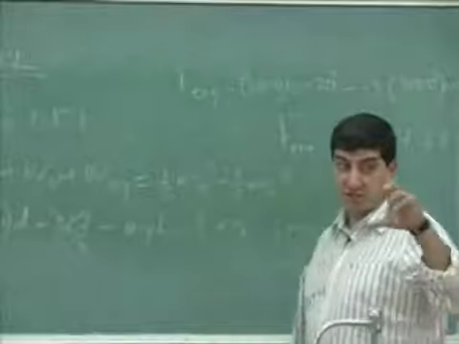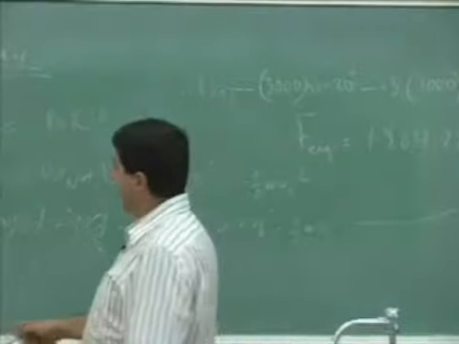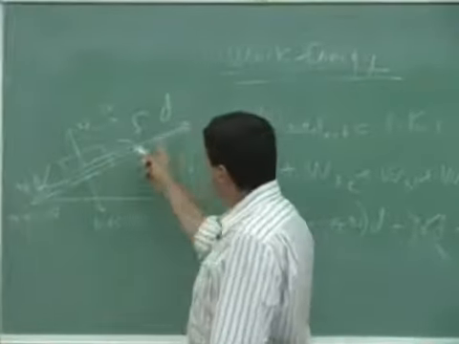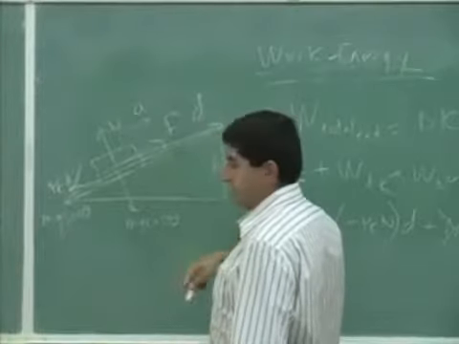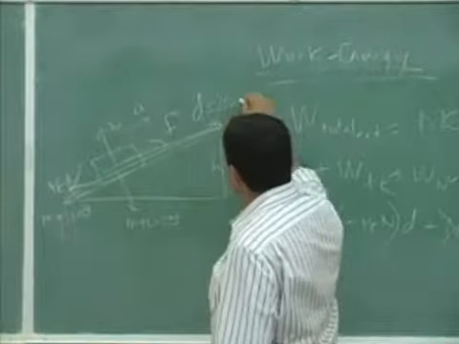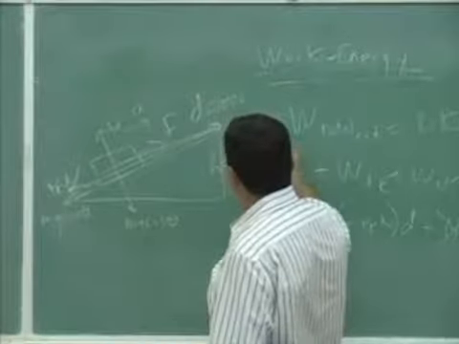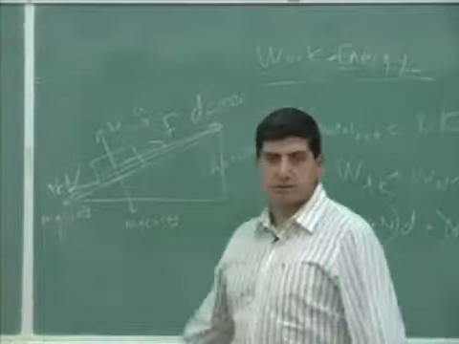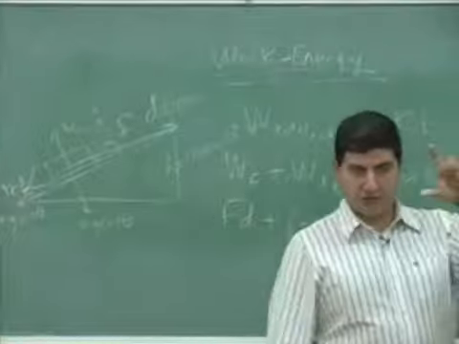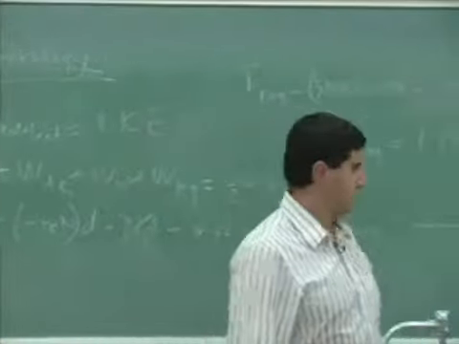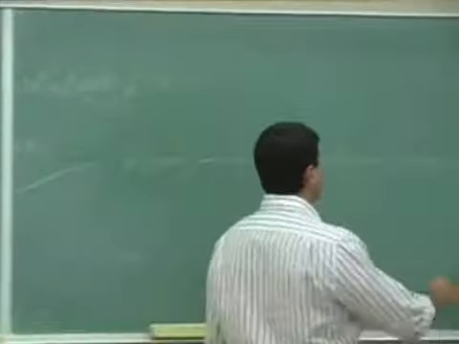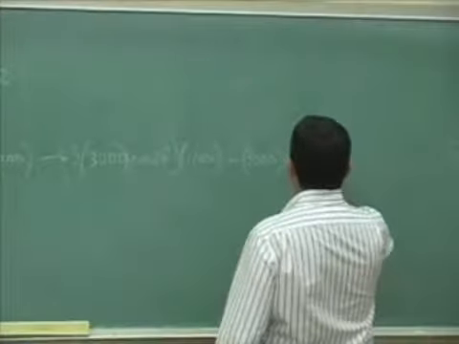The h is the vertical height. Now, in this problem, the distance along the incline was given as 1,000. So the vertical height, h, is 1,000 sine of 20, right? So gravity only cares about the vertical displacement. So negative 3,000 times sine of 20.